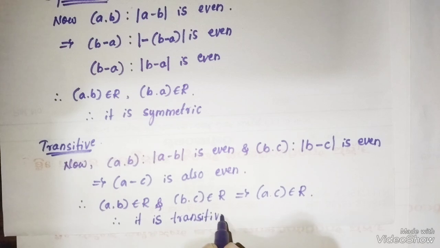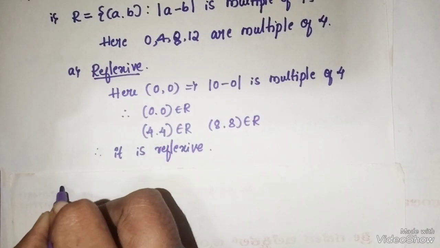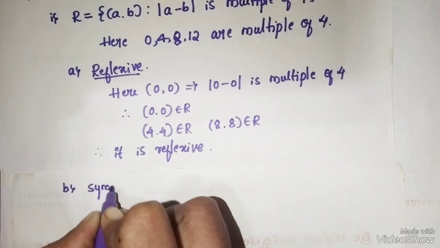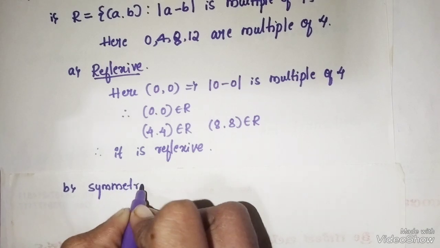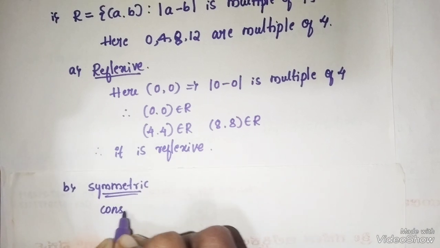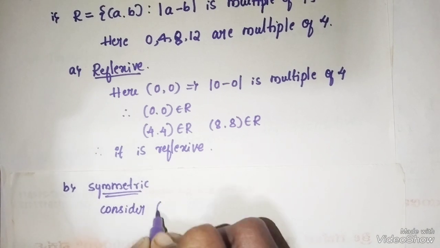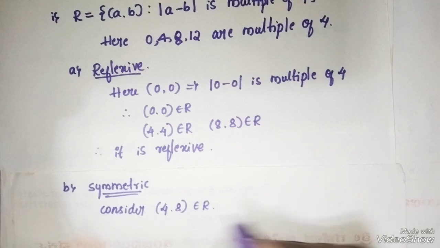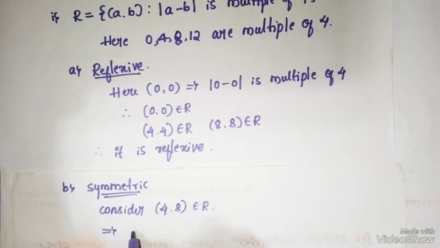Here we have to check the condition for symmetric. Now, consider (4, 8) which belongs to R. That implies the modulus of the difference 4 minus 8 is a multiple of 4, right?